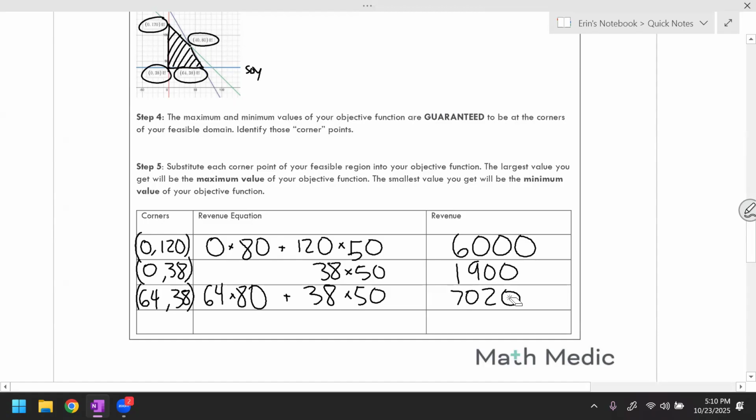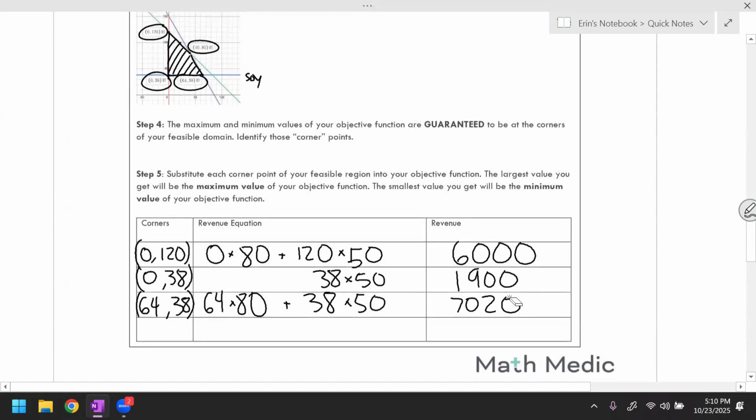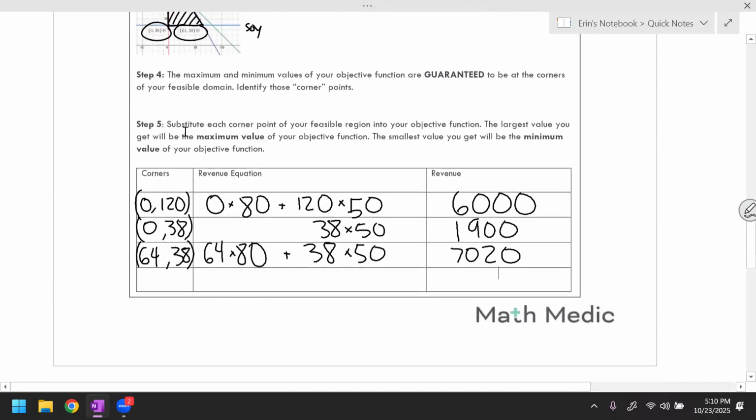Now we're making money. But now let's try the last corner, which is 40, 80. So again, 40 acres of soy at $80 each, plus 80 acres of corn at $50 each. And I end up with a revenue of $7,200.